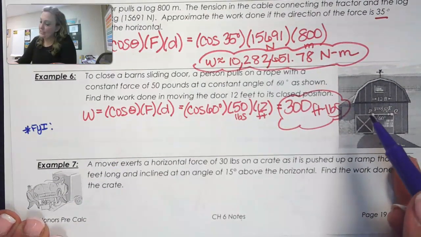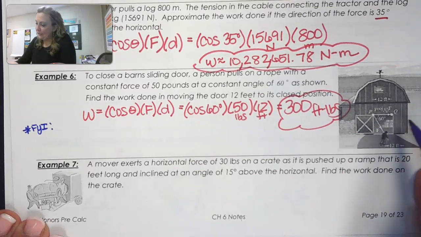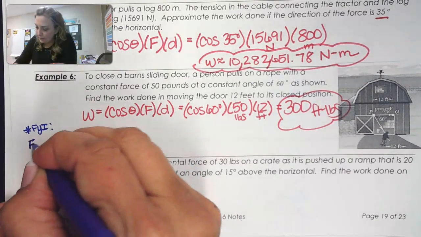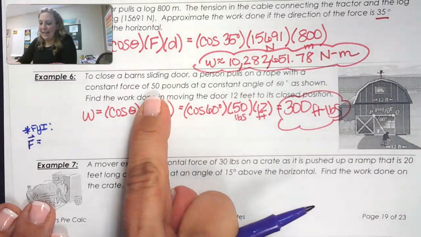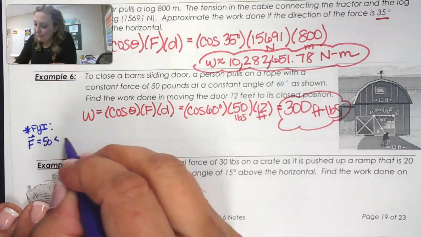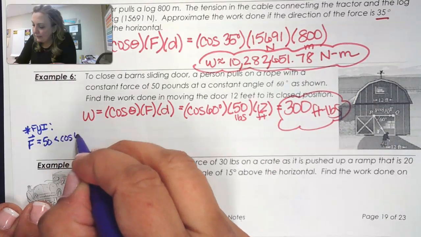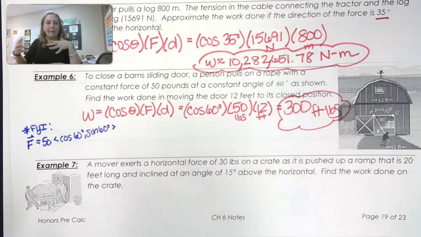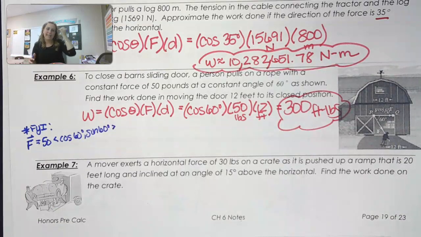So if I'm looking at the different vectors that I have here, if I look at this force vector, again, I'm going to have that force of 50 pounds, and then I'm going to have the cosine of 60 degrees, sine of 60 degrees. And again, I could apply that to each one to get the force vector.